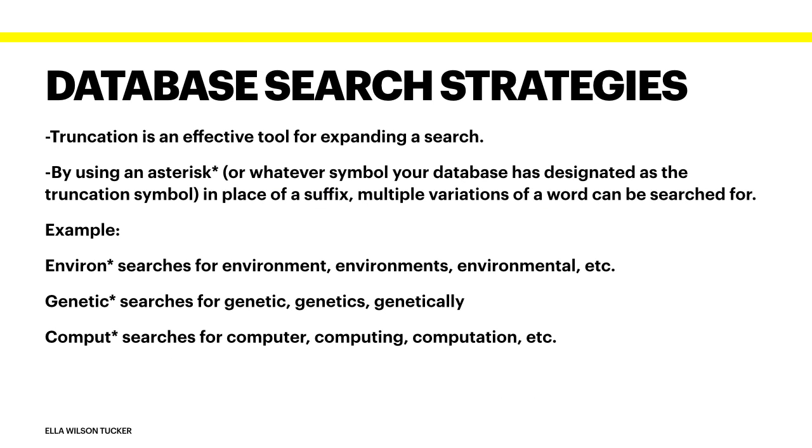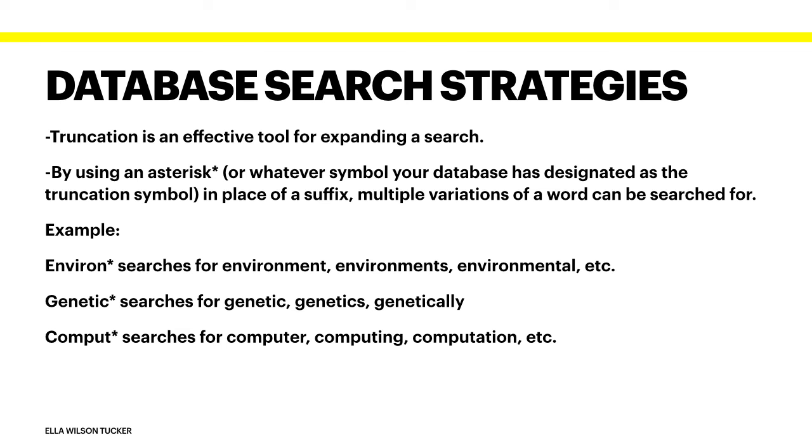Another useful tool that is not as widely known about is truncation, which is a tool used to expand a search. By including an asterisk, or whichever symbol the database you are using has designated as its truncation symbol, in place of a suffix, all potential variations of a word are included in a search using the portion of the word you provided.